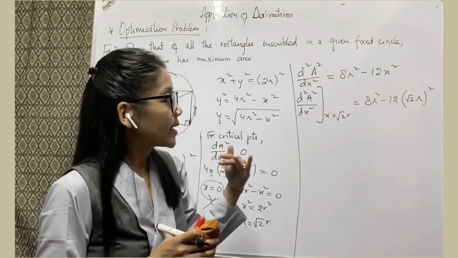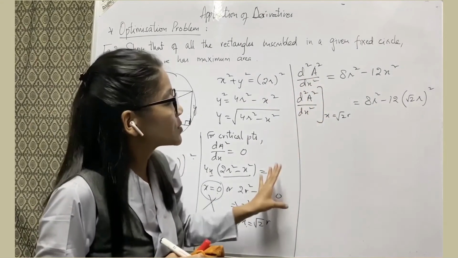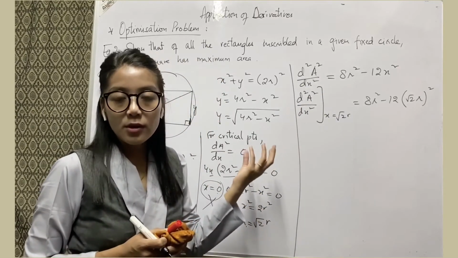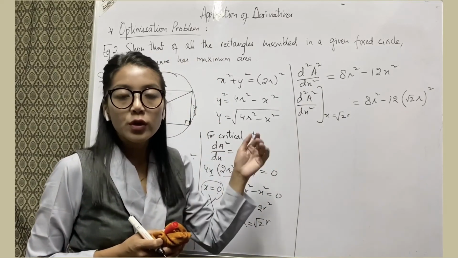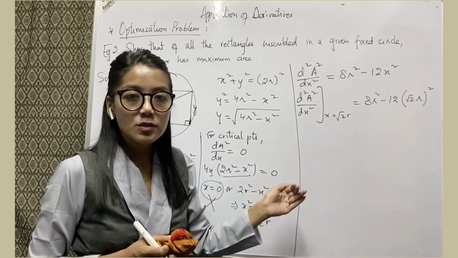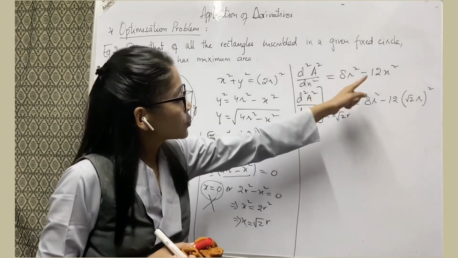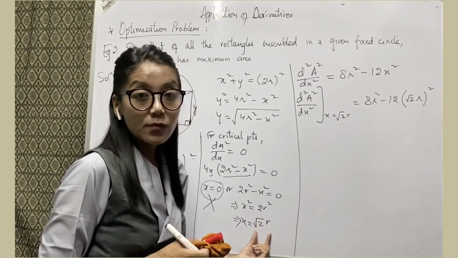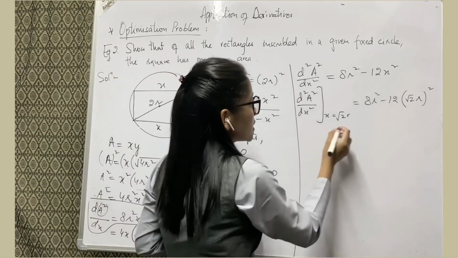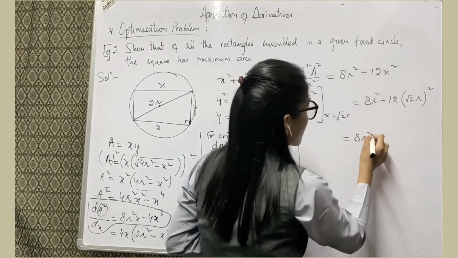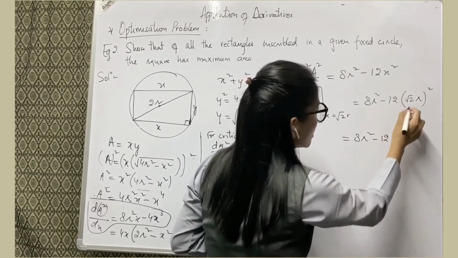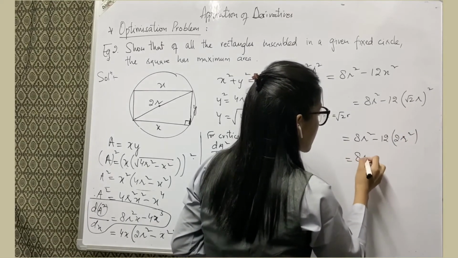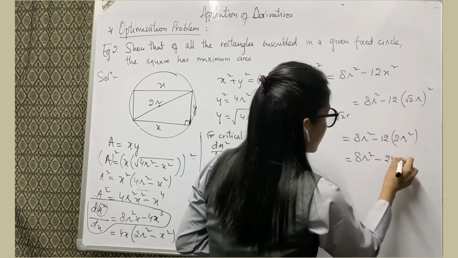This is the most important step in this question. In the previous example we directly got that constant negative 2, so we didn't have to solve further. But here you get this x, so you have to simplify it taking this value of x. So this is 8r squared minus 12 into 2r squared, that is 8r squared minus 24r squared.